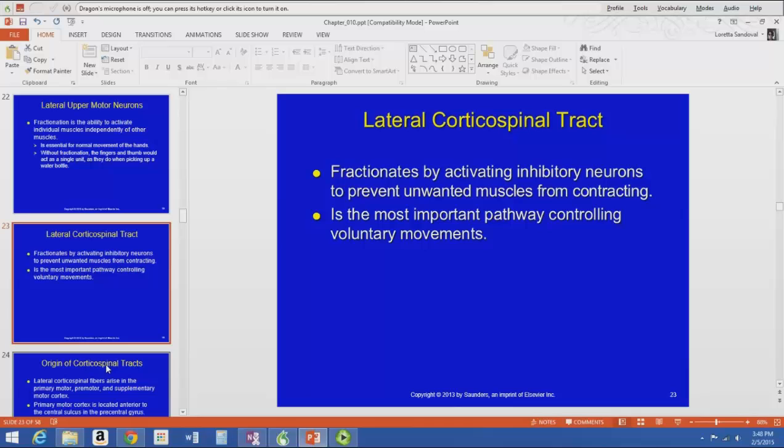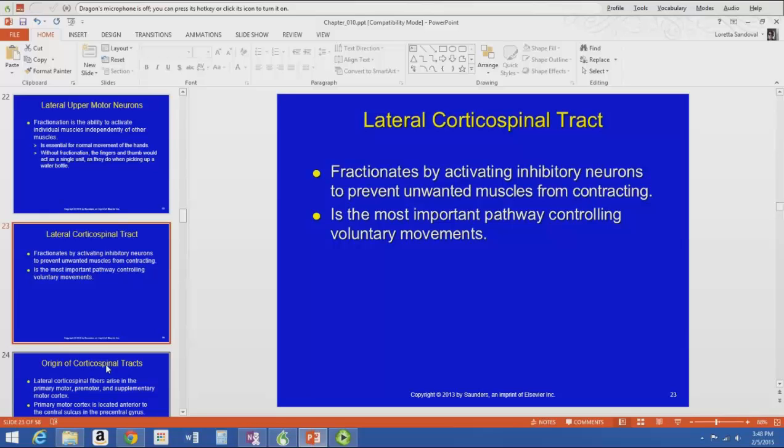And we'll see in chapter 11 when we talk about the cerebrum and the basal ganglia, the basal ganglia and the cerebrum control a lot of those inhibitory neurons. And so when we lack that inhibition, you get things like tremors in Parkinson's and involuntary movements in something like Huntington's.